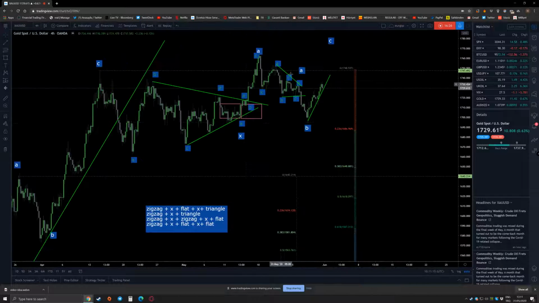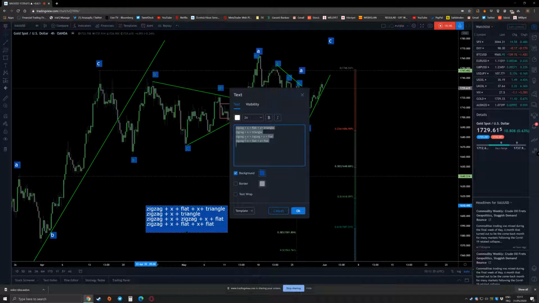Because look, if we have A here, B here, and C here, and this C is impulsive, it means that this A, B, and C is a flat. So after a zigzag, X wave, and a flat, we can have something like this too. It doesn't have to just end with a triangle. We forgot this, let's add this. We can have something like this too.